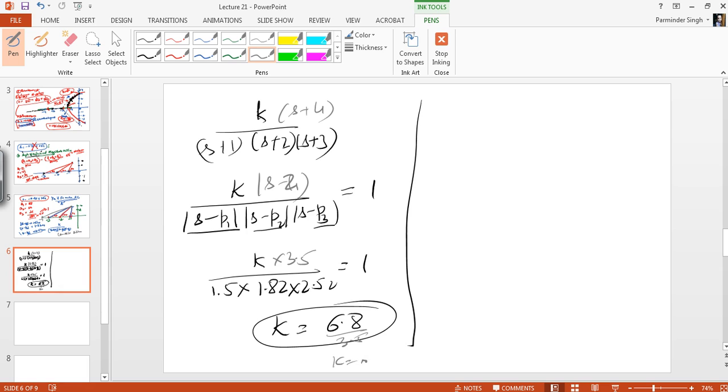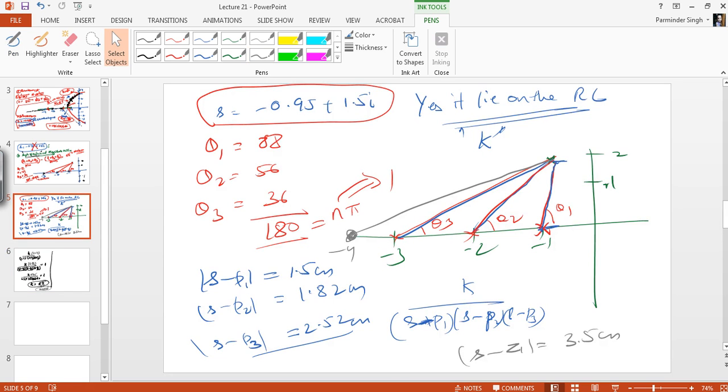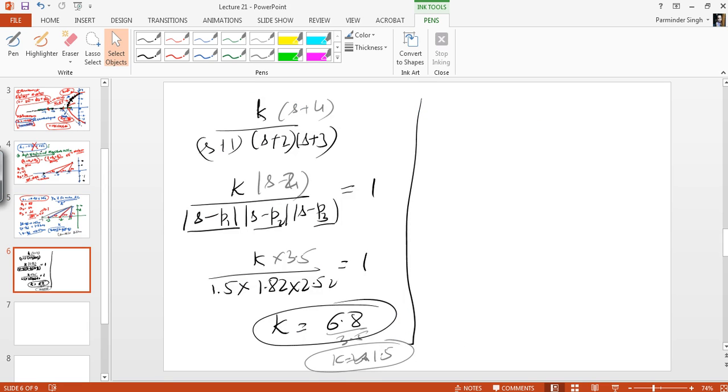So k is nearly about 1.5 something. Clear? So this is how you can measure the distance of that particular point from the poles and from the zeros, and then use them in your main transfer function expression and calculate the parameter value k. This method is known as the magnitude criteria.